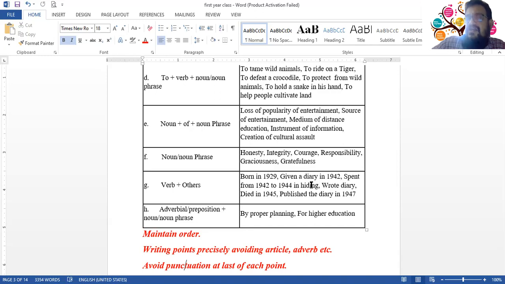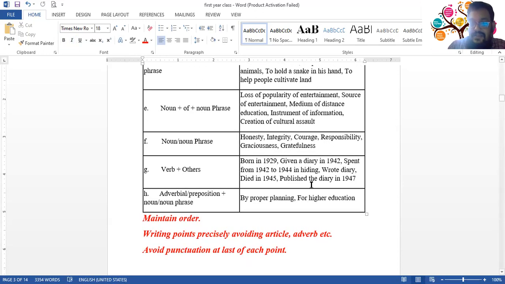And an adverbial is a group of words that works as an adverb, an adverb-like group of words. Okay, so these are the styles you can use in the flowchart.